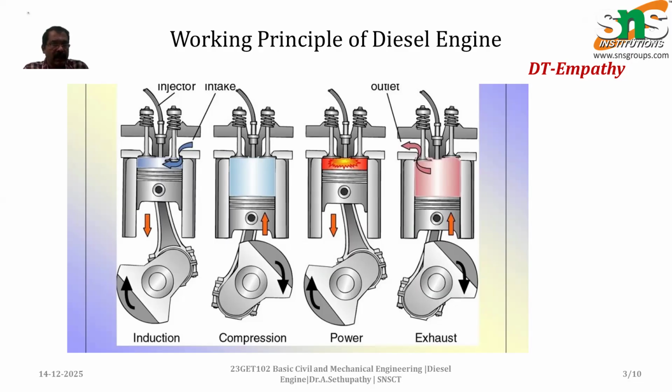The diagram shows each stroke. The first stroke is the induction stroke, in which atmospheric air is drawn into the cylinder. In this position, the piston moves downward in the combustion chamber, and the outlet valve is in the closed position.